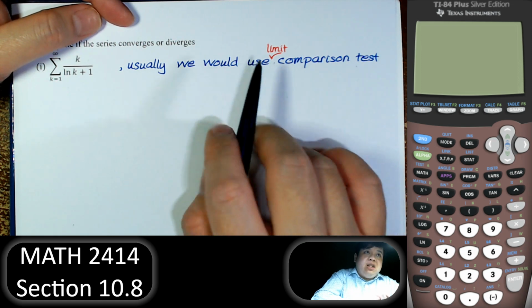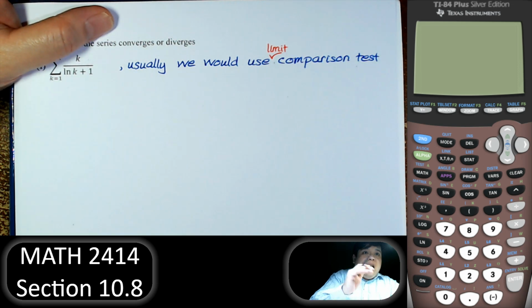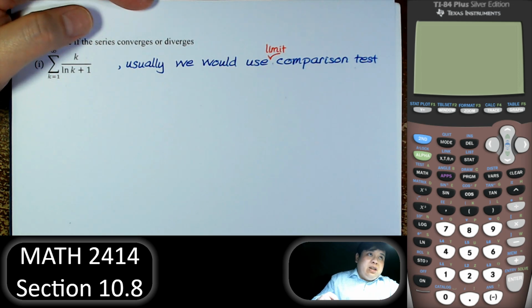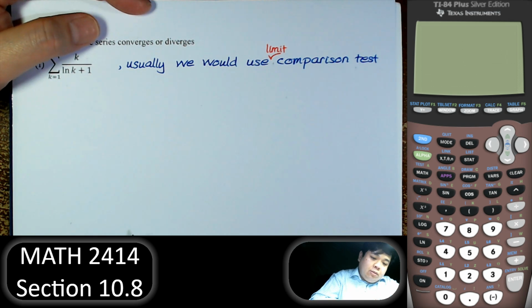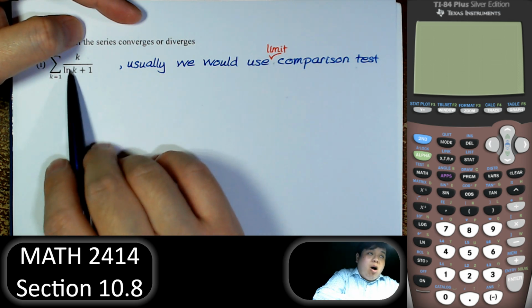Limit comparison test is easier to use than direct comparison test, because with direct comparison test we kind of have to come up with a function that we compare to, and usually not always easiest, because we have more than one term at the bottom or the top.